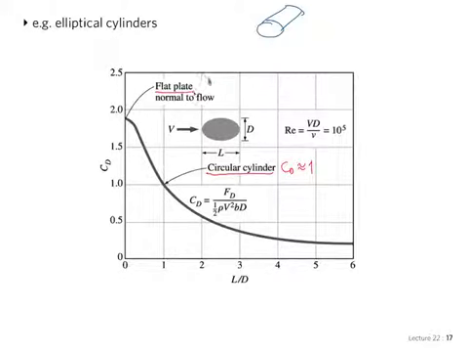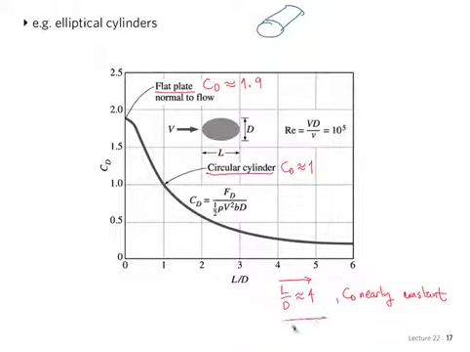For a flat plate, CD is about 1.9. And you notice that above an aspect ratio L over D of about 4, the CD becomes nearly constant, so L over D equals 4 is a good choice for minimum drag.